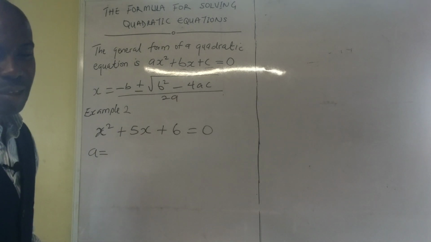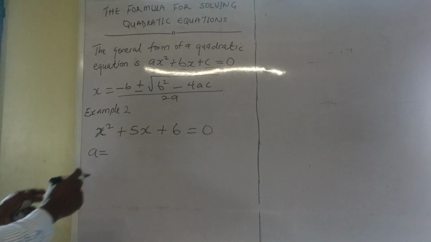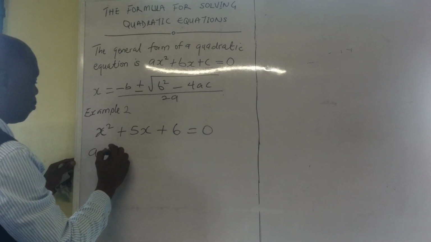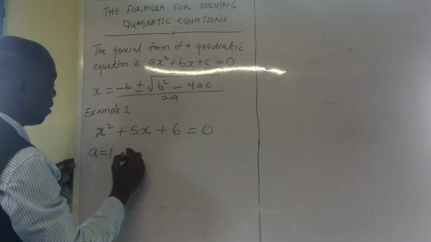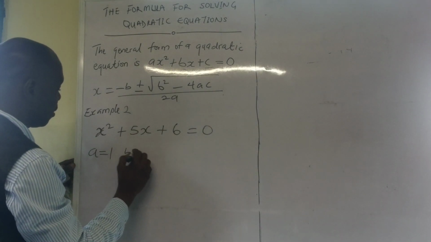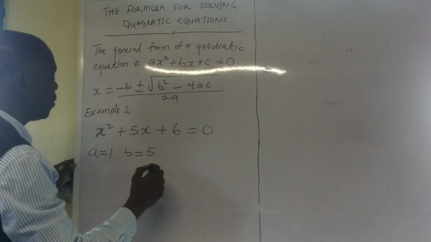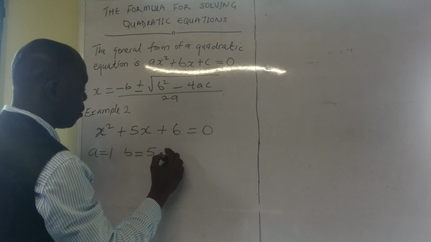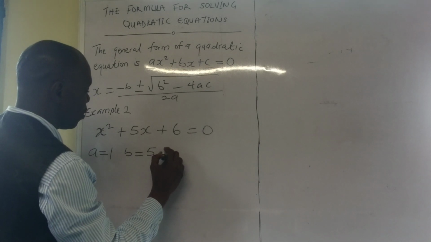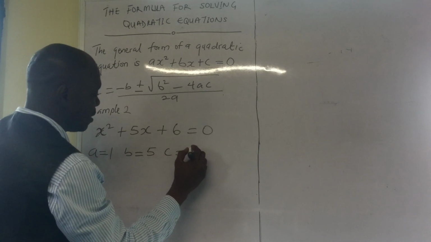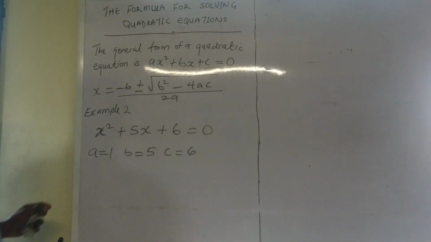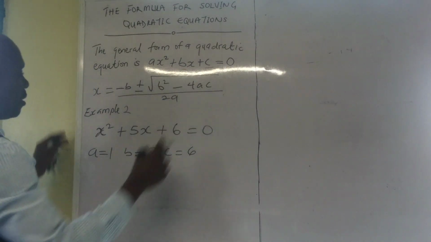But at the same time, our a is going to be 1. Then here we have b equals 5. Then we have c equals 6. So let's now input it inside this.